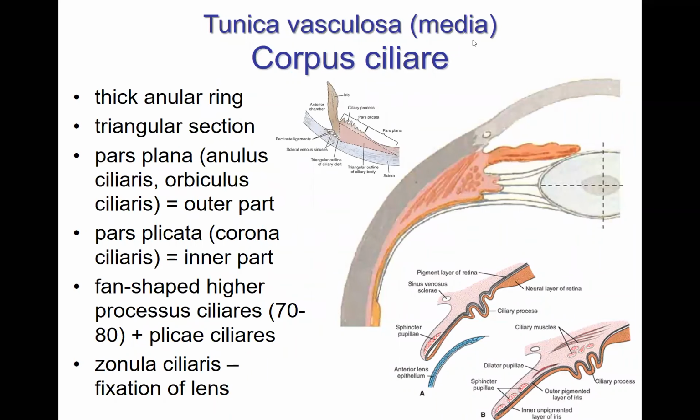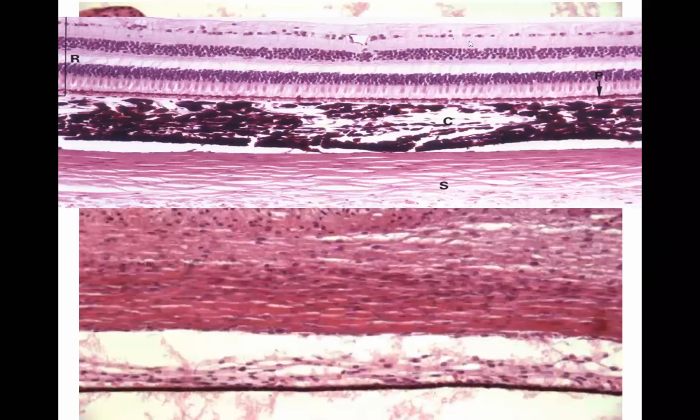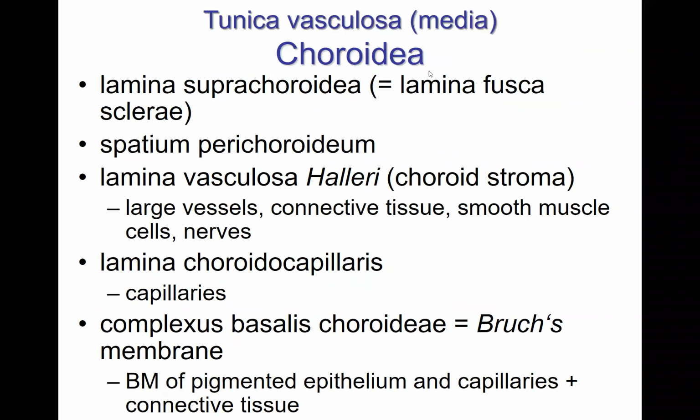So what is the function of the choroid? There are three functions. The first function is to feed rods and cones and the pigmented epithelium.